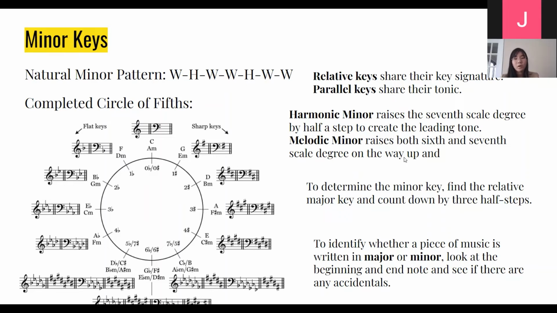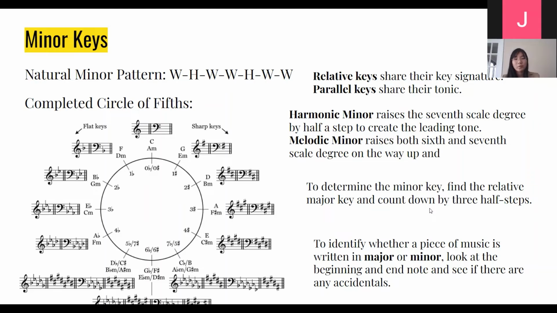So it would be raising both the sixth and seventh scale degree on the way up and back to natural on the way down. To find a relative minor key, you can count down 3 half steps from the major key, just to find a key signature.